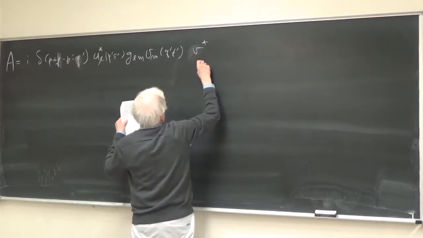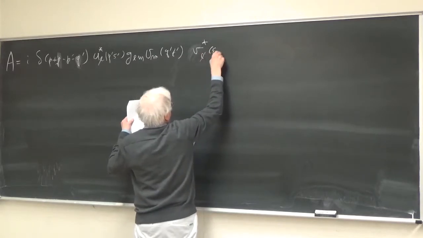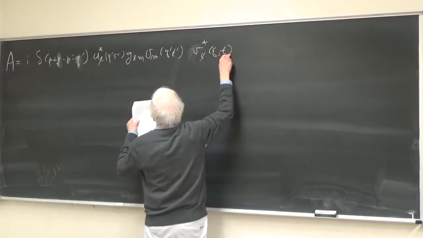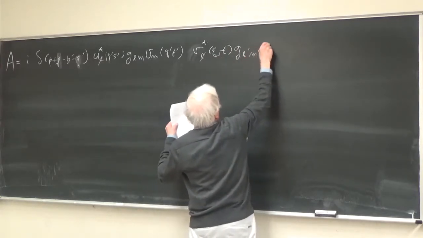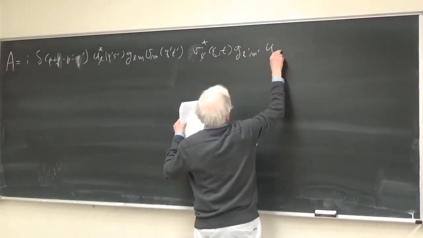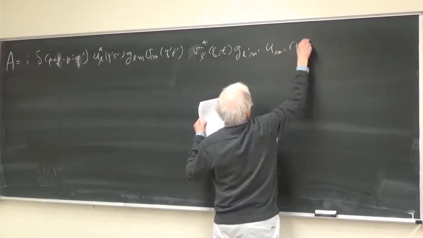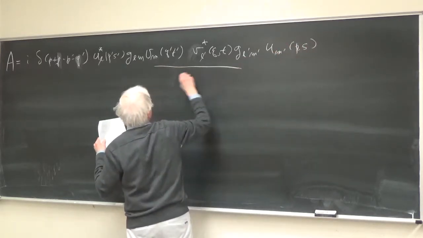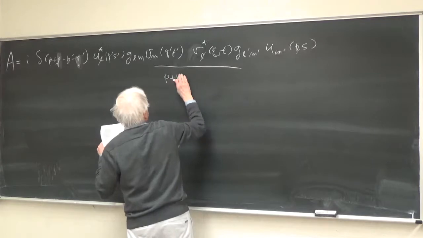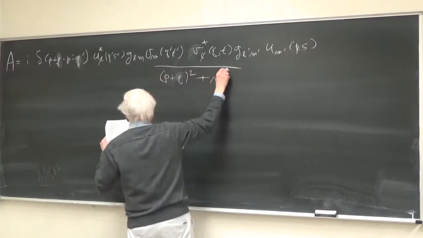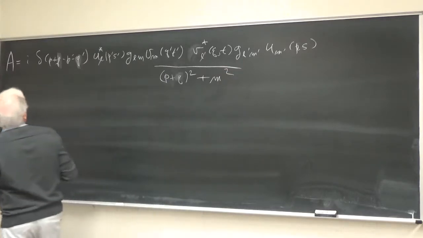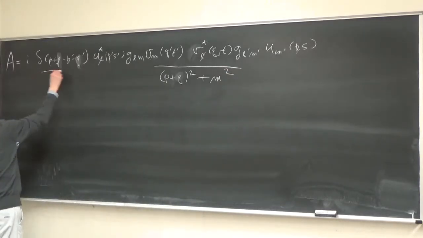V star L prime of Q and T, G_L'M' U M prime of P and S, and then this is divided by (P plus Q) squared plus M squared. And this is 1 over 2 pi squared.